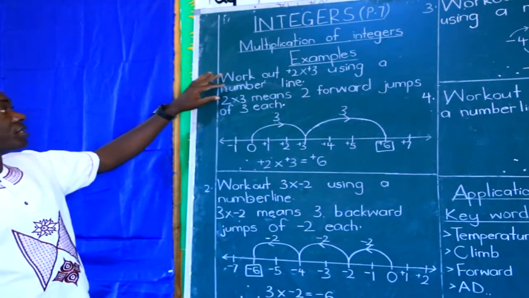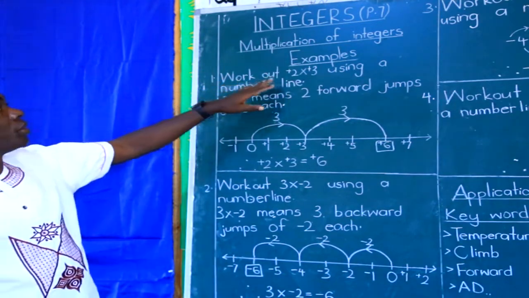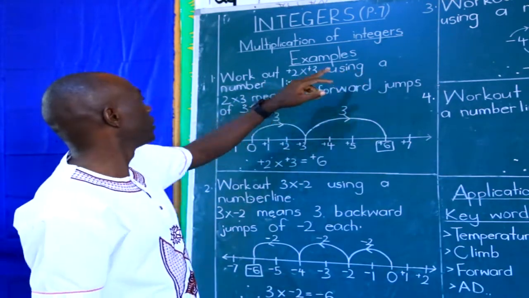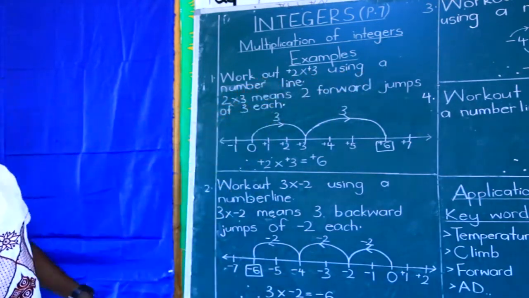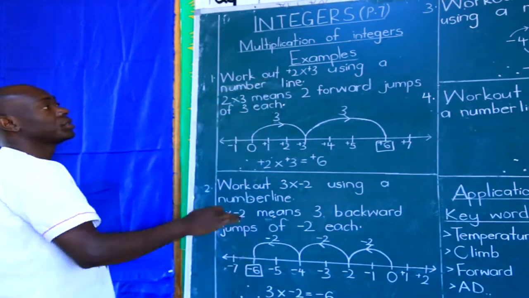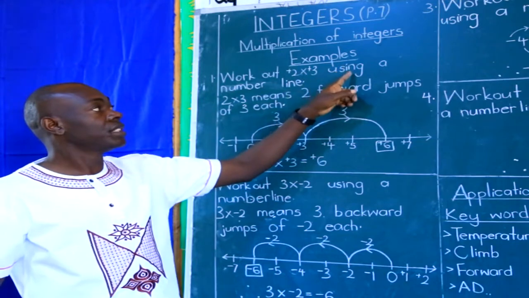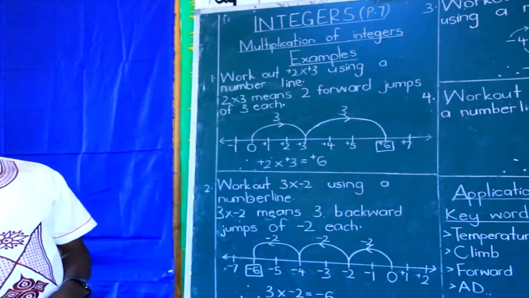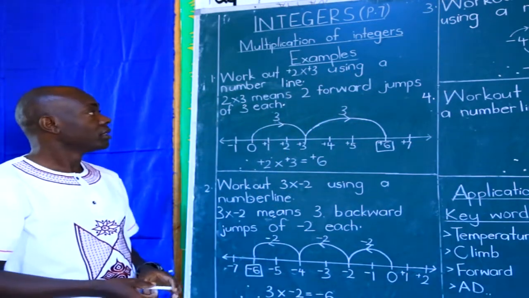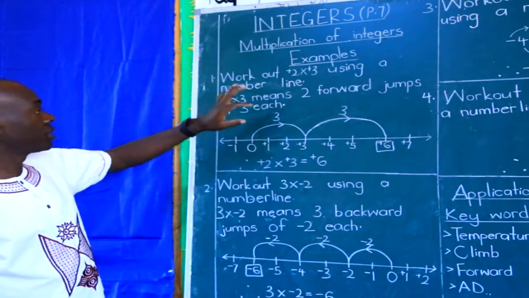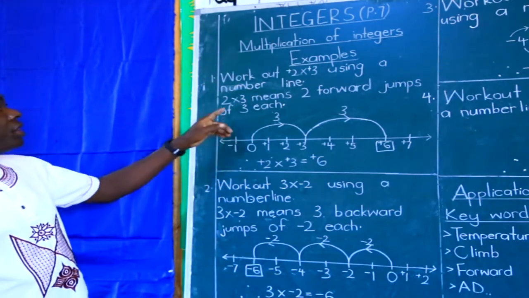And the first one says, work out positive 2 times positive 3 using a number line. So when you are given a number like this, you start with the meaning.